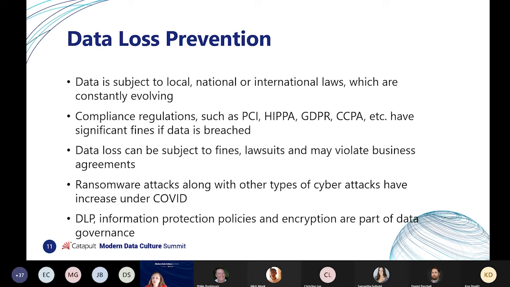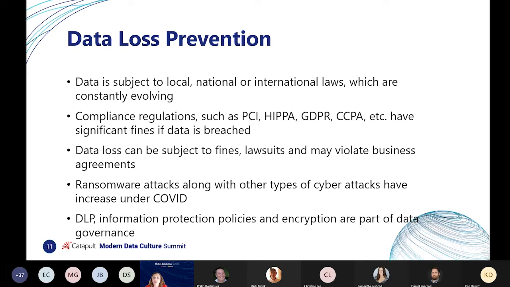In terms of compliance regulations, again, a whole variety landscape. Could be CCPA, GDPR, HIPAA, PCI, SOX, Gramm-Leach-Bliley, and there are significant fines if the data is breached. So again, data loss prevention is very important.